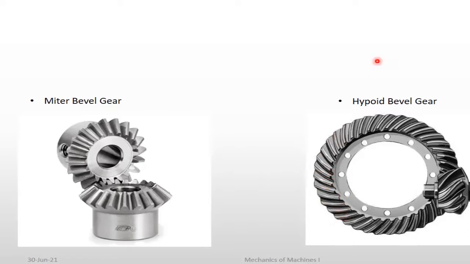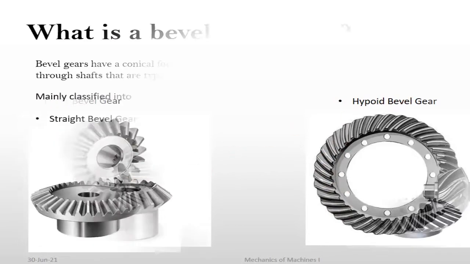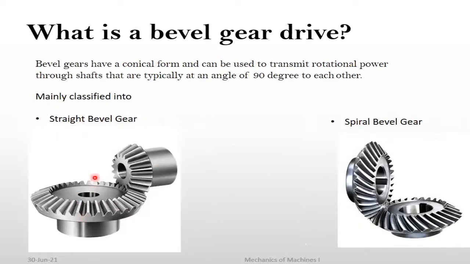But why they call it the hypoid bevel gear is, if you look at the other gears, the center lines of the gears meet here perpendicularly. This center line comes like this and this one goes like this, meeting at this point. Likewise, this one also meets here.